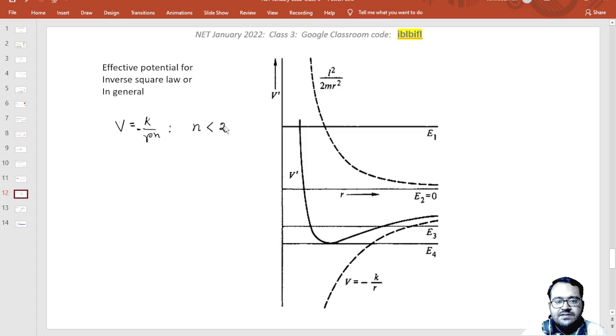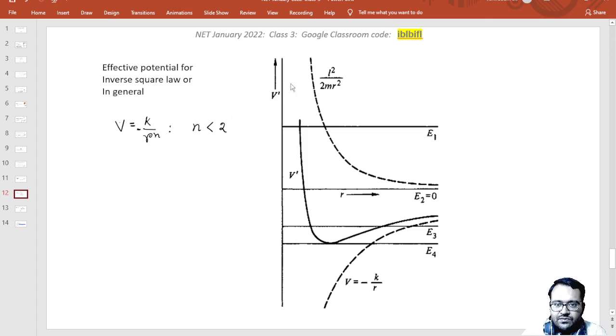Your effective potential has one term L square by 2m r square, and this potential is minus k by r to the power n. If n is less than 2, then at very small distance the r square term will be dominating, and if n is greater than 2, then at very small distance this potential will be dominating. So this n less than 2 or n greater than 2 factor is very important.